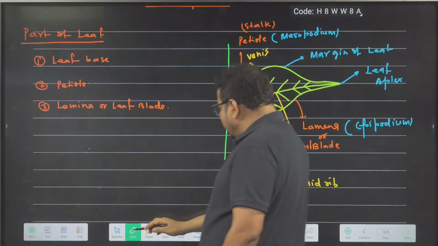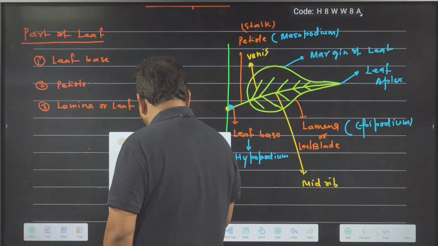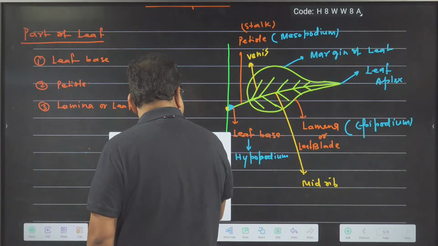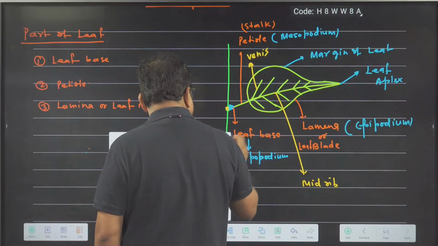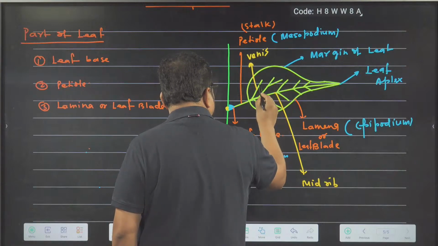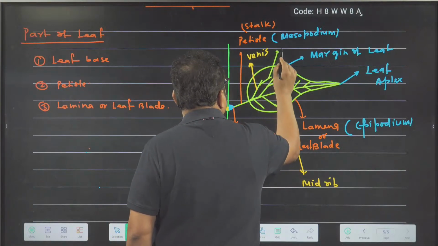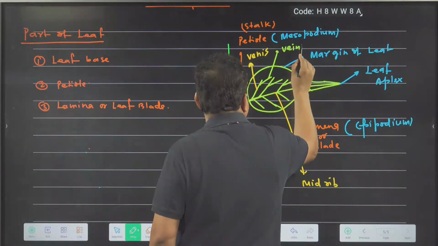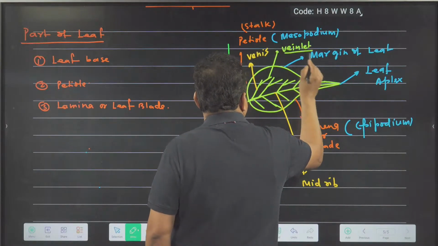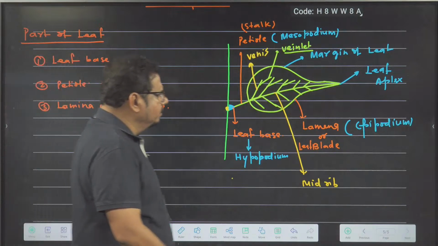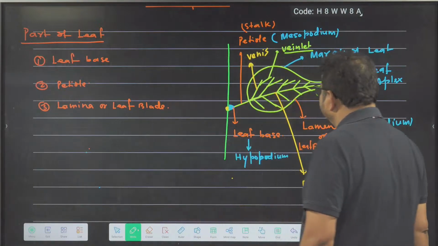And even sub-branches arise from the veins. These sub-branches arising from the veins are called veinlets. So midrib, veins and veinlets are present in which part of the leaf? The lamina of the leaf. Getting the idea?